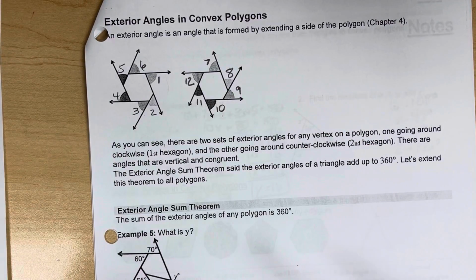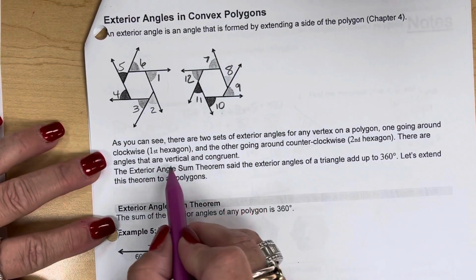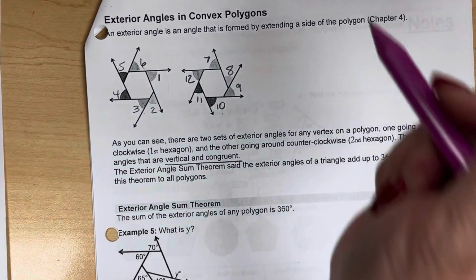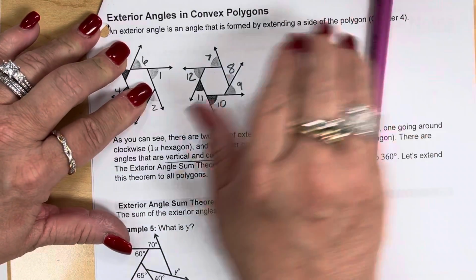And what happens is it gives you vertical angles, and you guys all know what vertical angles are, okay? It gives you vertical angles which are going to be congruent. So what I want you to do is picture this shape.